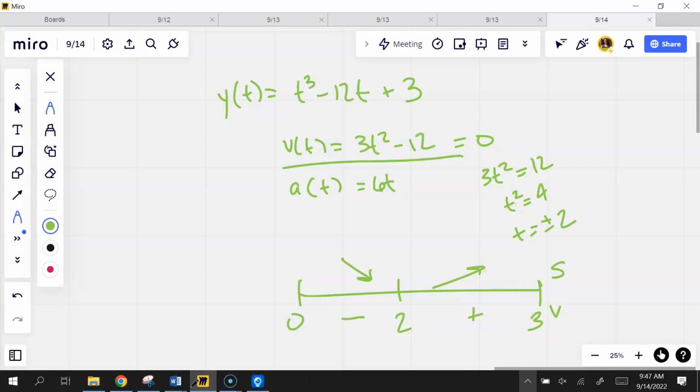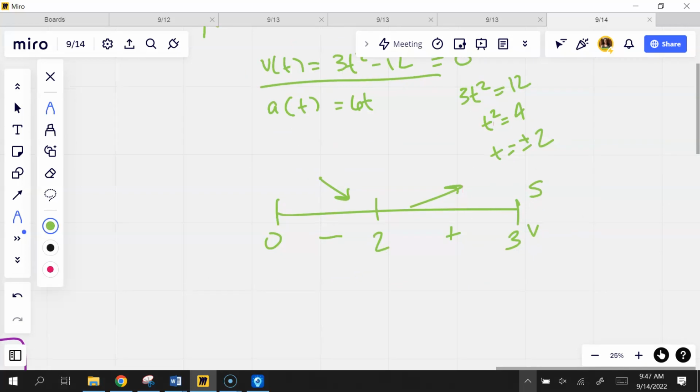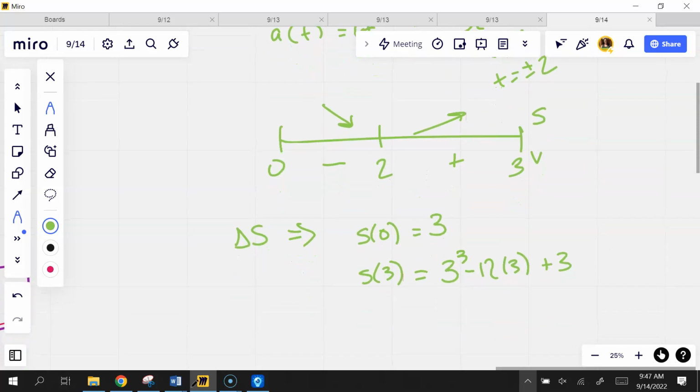Displacement is just final minus initial. So the change in S, I need to do the initial and the ending. Initial is just going to be 3 if I plug in 0. If I plug in 3, 27 minus 36 plus 3.